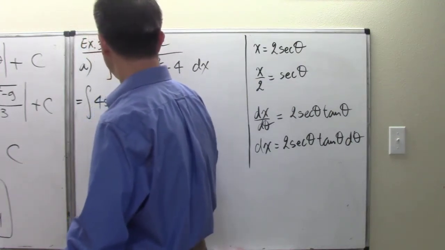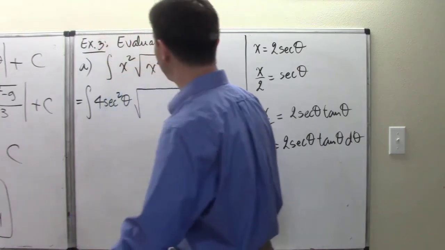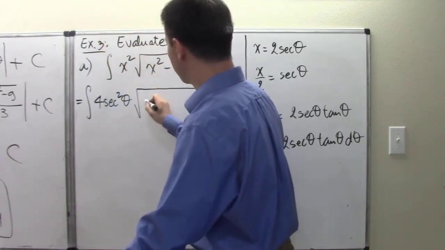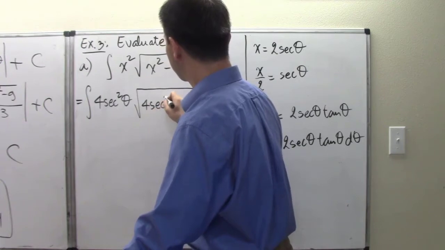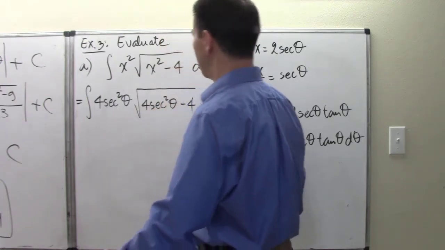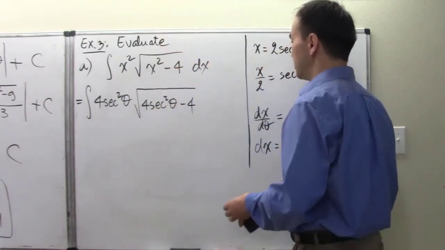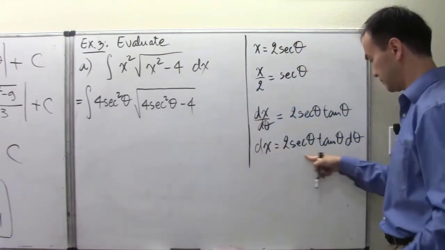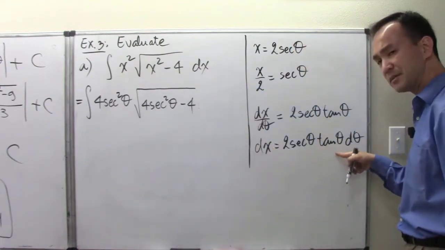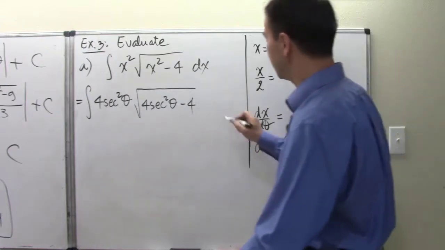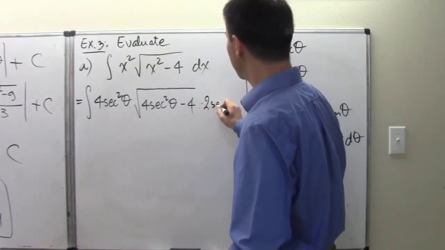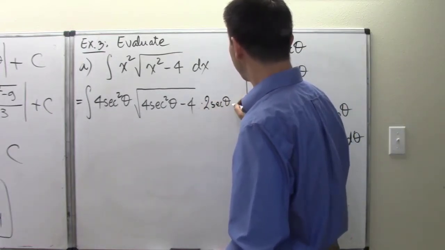Then the expression inside the root, x squared again, is 4 secant squared theta minus 4. Okay, that's inside the root. And now the dx here can be substituted by 2 times secant theta times tangent theta, d theta.